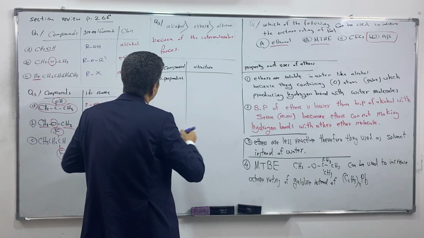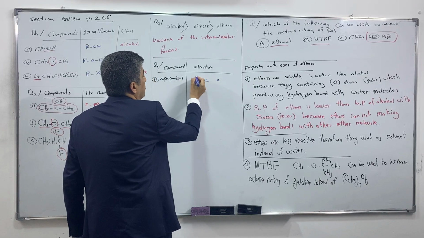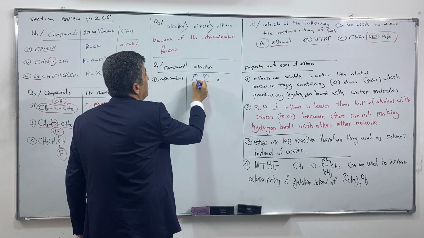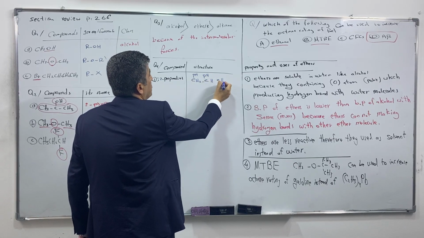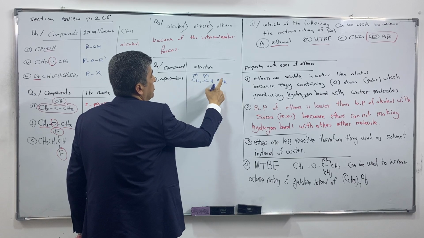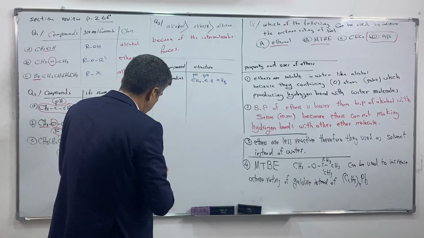So we have propane, with 3 carbon atoms in the chain, but we have 2 OH groups. So the structure of this compound will be as follows: CH2, CH, CH3, and we have 2 OH groups in the chain.